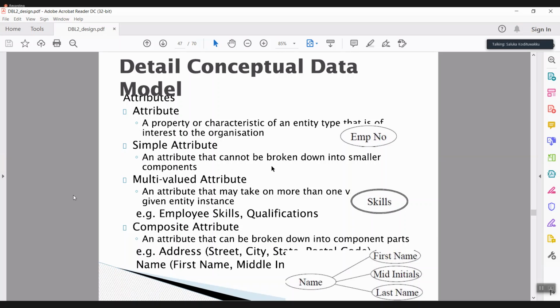Age cannot be broken into pieces, right? But a name can be broken into pieces like first name, middle name, and so on. Age, identity number, those things cannot be broken. Those kinds of things are known as simple attributes.